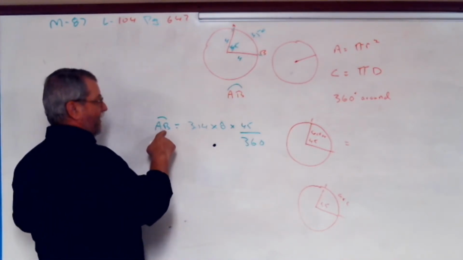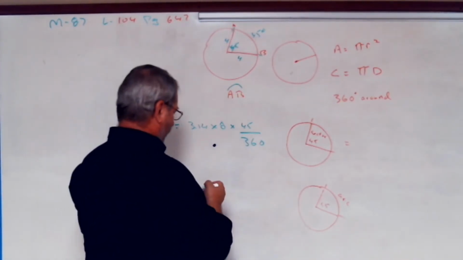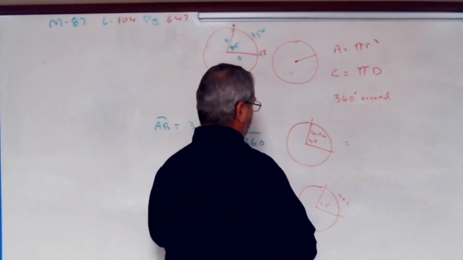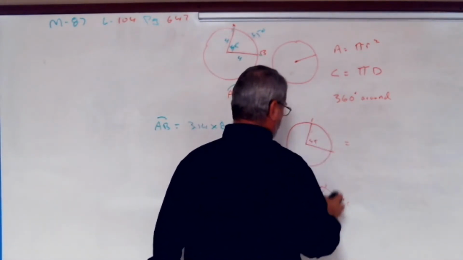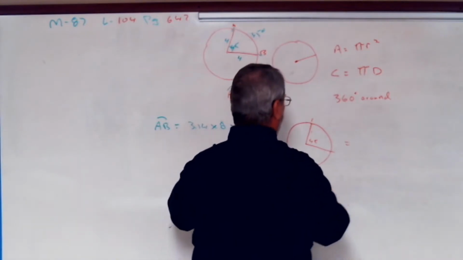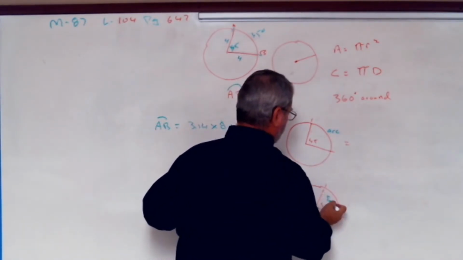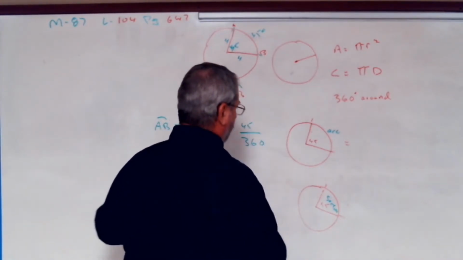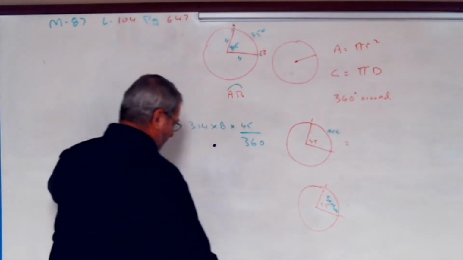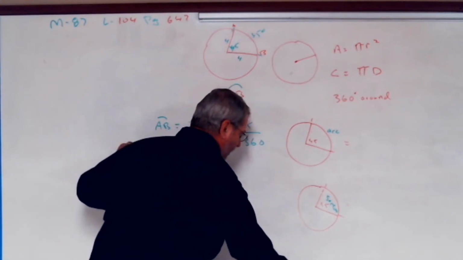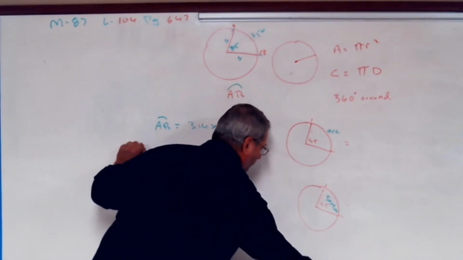Now, if I wanted to find, I think I need to switch these around like here. Okay, we're going to put arc right up here. We're going to put sector here. Okay, and I'm going to put this on the board. I don't want you to get confused with all the different stuff up here, but I want you to see this, all right?